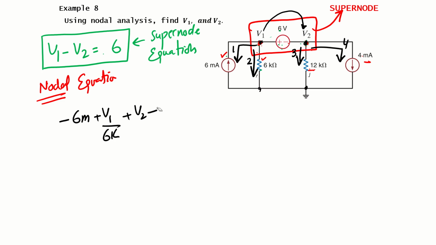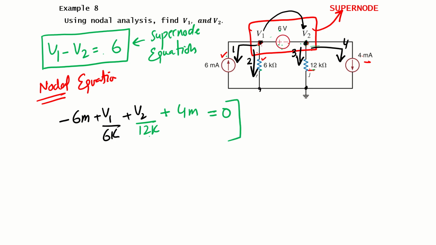You can put it or not, to simplify, it's totally fine, divided by the resistor value, which is 12 kilo. Then again the current that is leaving, which is 4 milliampere. So 4 milliampere is equal to 0. So this is basically the nodal equation, the KCL equation for the supernode.